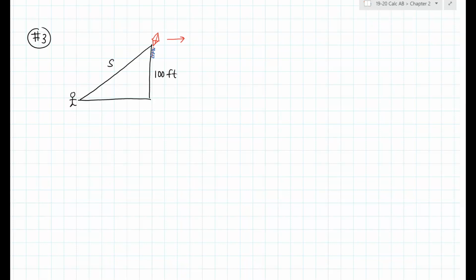Well, the ground for me would be considered X, right? So that means this kite is being blown away parallel to the ground at a rate of 10 feet per second. So dx/dt, because that's the direction it's moving, the same as X, is 10 feet per second.